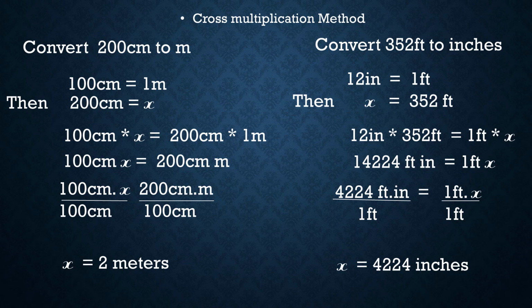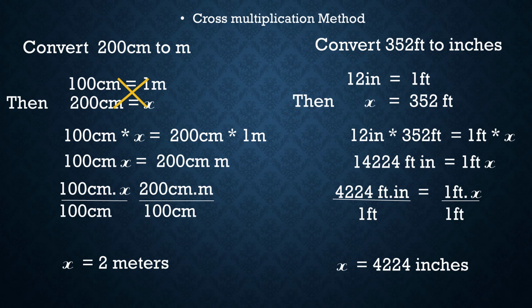What we do next is that we cross multiply, so that 100 centimeters would multiply x and 200 centimeters would multiply 1 meter. So we'd have 100 centimeters times x equals 200 centimeters times 1 meter. After our multiplication, what we have is 100 centimeters x is equal to 200 centimeters slash meters.